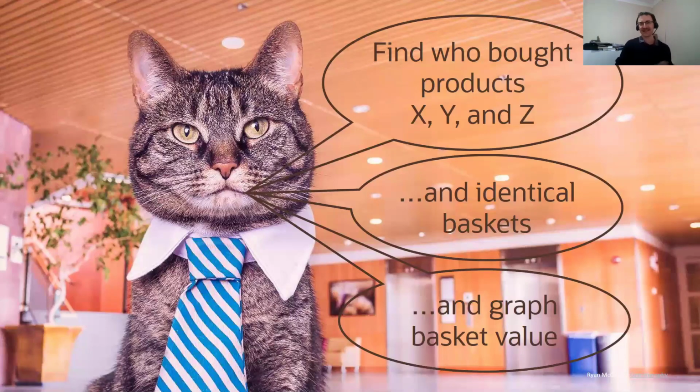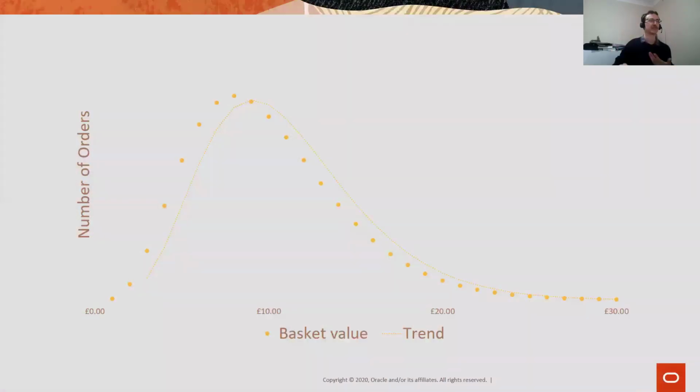Let's graph an example data set, and quite often you get data sets that look something a little bit like this. Most people spend a little bit, and you'll have a little peak at the mode, where most people are spending, and then potentially quite a long tail of how much people spend. You'll have the average amount people buy in each basket, but the tail could get really large because technically there is no upper limit for how much people could purchase in one particular order.